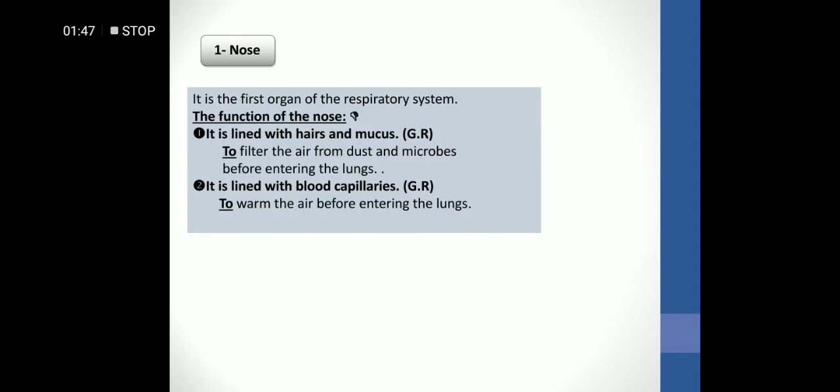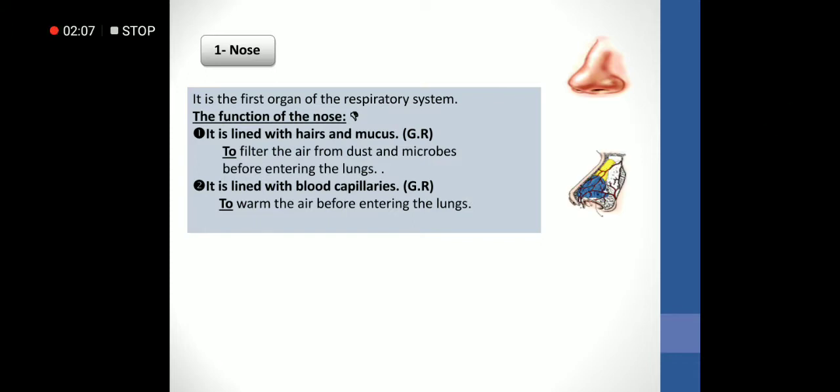The first organ, nose, is the first organ of the respiratory system. The function of the nose, number 1, it is lined with hair and mucus layer. Here we have a give reason question: to filter the air from dust and microbes before entering the lungs.